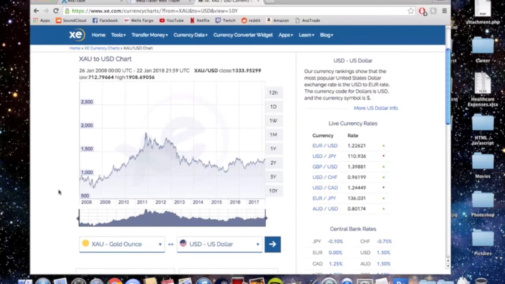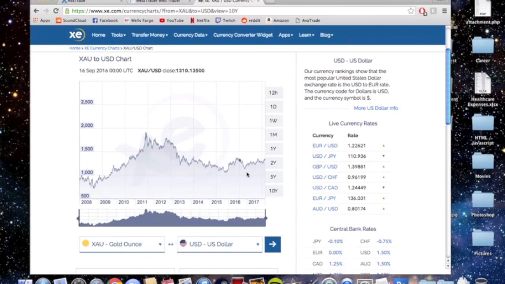I know in like the early 2000s and the 90s, it was like down to closer to 500. So about 1,000. Then the highest it ever went was in mid 2011, almost up to $2,000 an ounce. So yeah, gold just doesn't fluctuate that much.